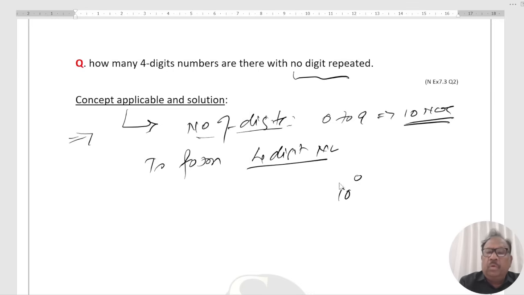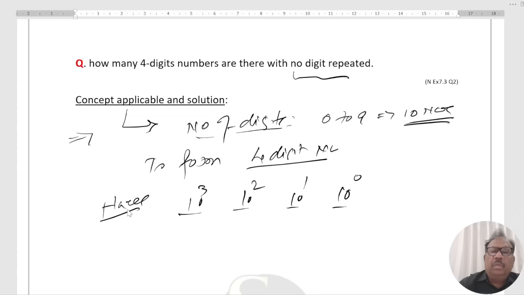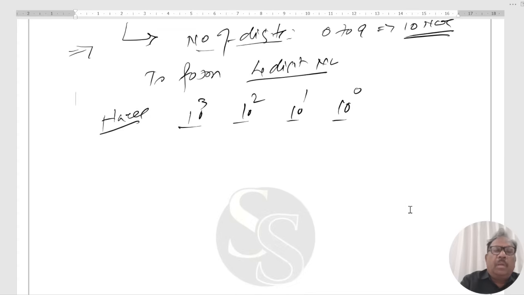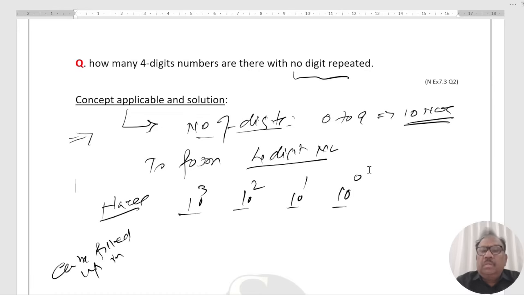there are the unit place, 10th place, 100th place, 1000th place. These are the places that can be filled up. Because 0 is also there, first of all we will fill up the thousands place.